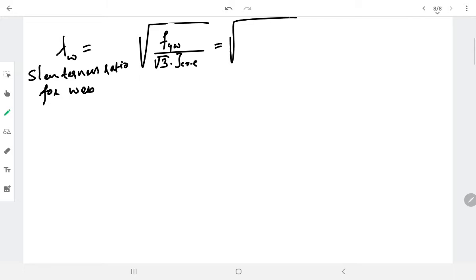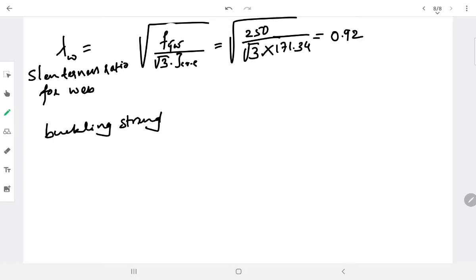Here fyw is 250, the characteristic strength of the web. We have already assumed fy as 250, so fyw will also be 250, and tau cre we just calculated as 171.34 in the previous slide. Calculating this, you will get 0.92, the slenderness ratio of the web. Next we need to calculate the buckling strength.